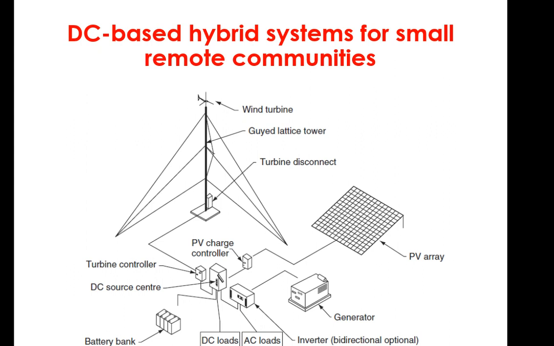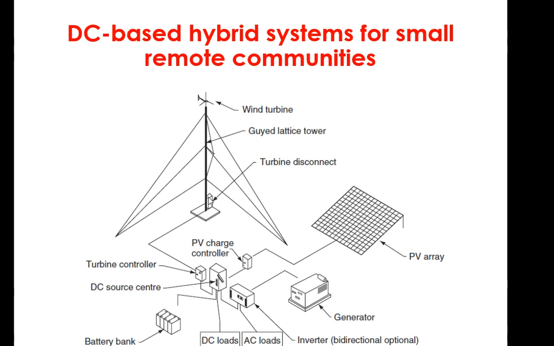This is an example of a DC based hybrid system for small remote communities. Over here we have a turbine, then a battery bank, PV array and the generator. Generator or battery, it might be bidirectional.